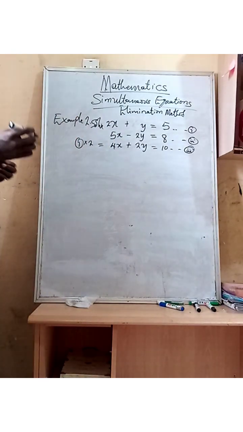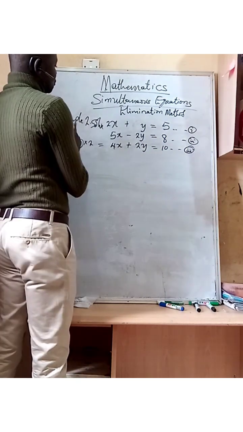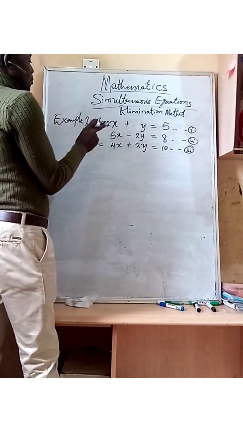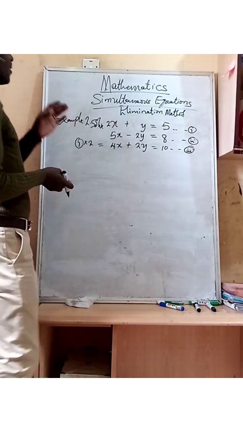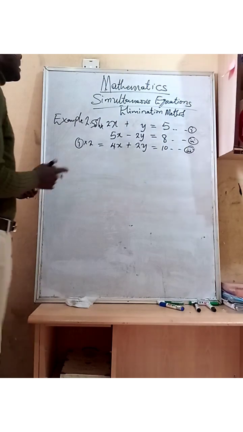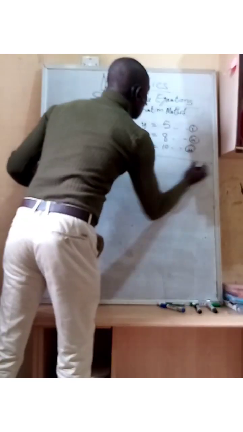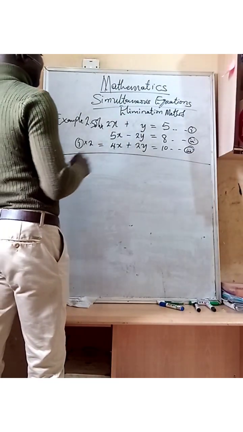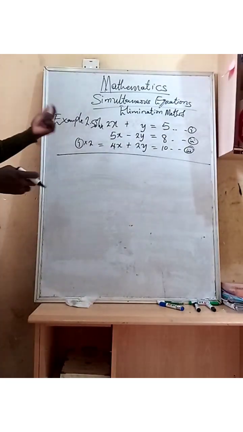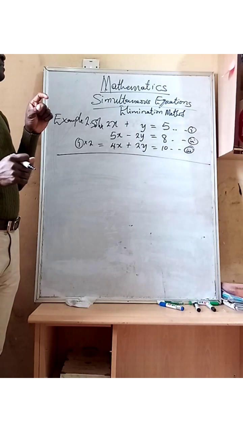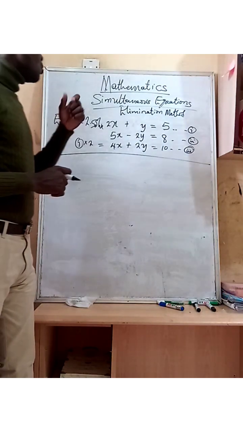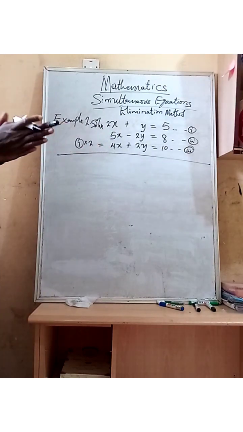As against the previous example where we had to subtract equation 2 from equation 1 because x had equivalent coefficients, in this case we are not going to subtract because the signs are different. In other words, they are additive inverses. And additive inverses are two terms, two integers that add up to give us 0.